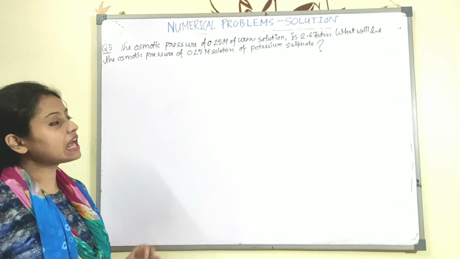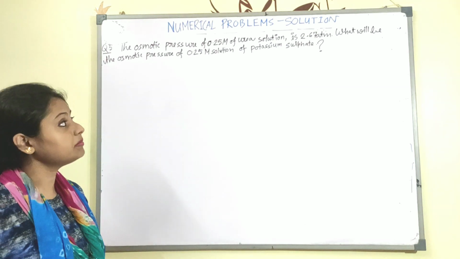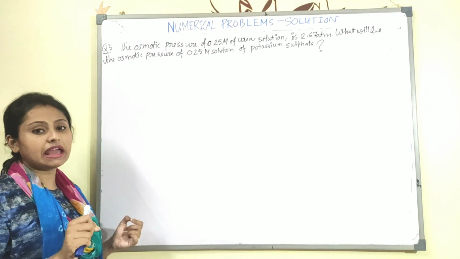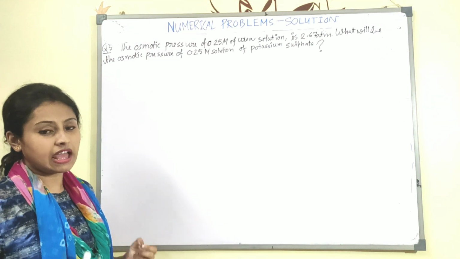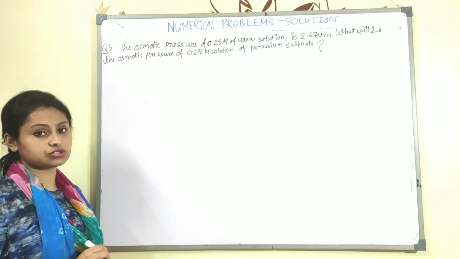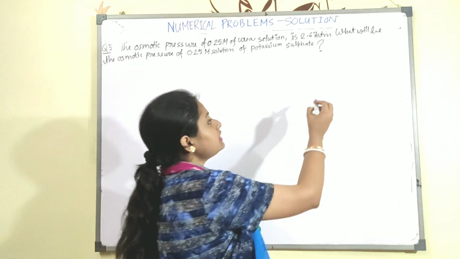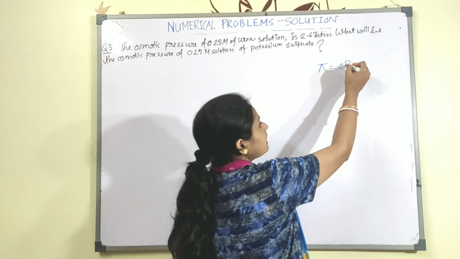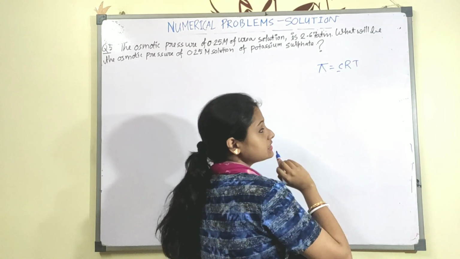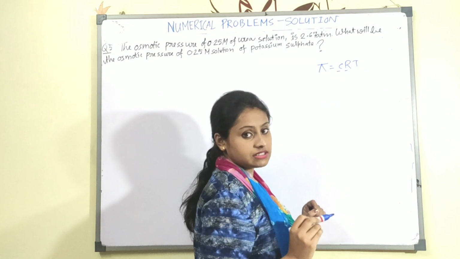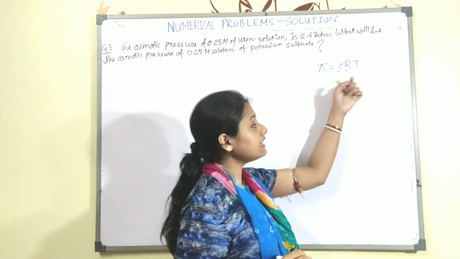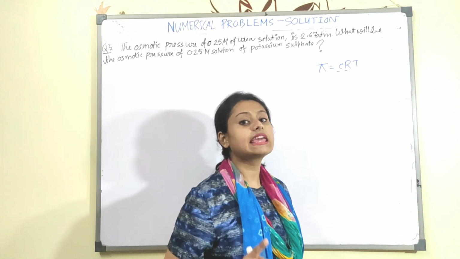Now, this can be an extremely easy problem if concentration was told, pi had to be calculated and temperature was told, because we already know there is a formula pi equals CRT, where C is the concentration, R is the universal gas constant, which all of us know, and T is the temperature in Kelvin.